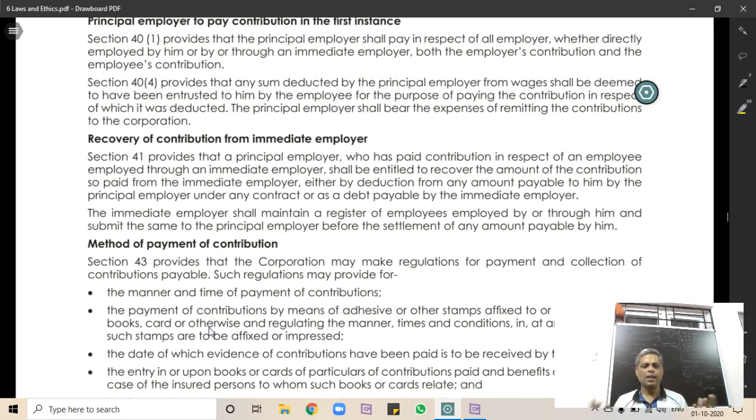Basically, the corporation may make regulations like the amount of contribution to be paid in a particular form. The stamp should be affixed, or it should be in the form of a book, or the evidence of the contribution should be maintained in this manner, etc. So the contribution has to be maintained, and the regulations of payment can be designed by the corporation.